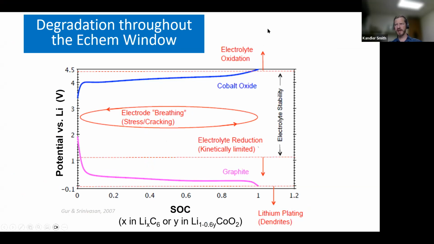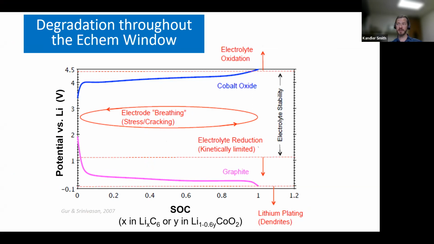Chemical side reactions are things that are going to go on even when the cell's just sitting there on a shelf and not being cycled. The way that we run tests on that is to store cells in environmental chambers at different temperatures and different states of charge.